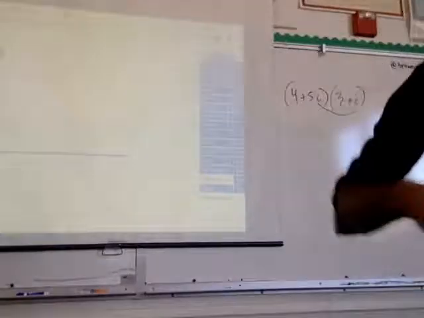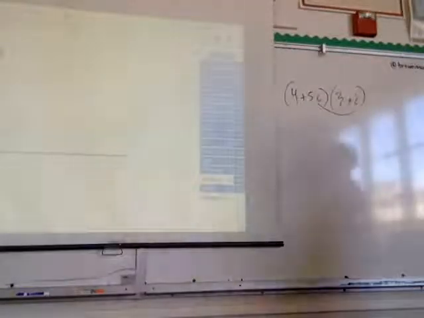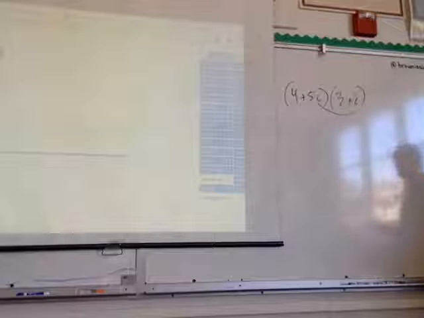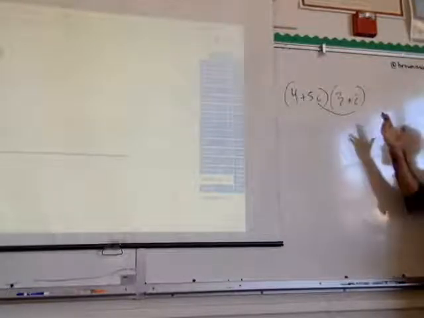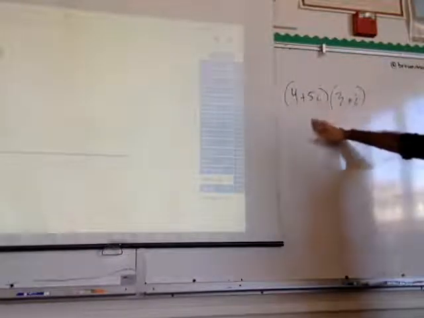This is the last thing. I bring it back here for the last problem. We have this binomial. What method are we going to use for working this one out? FOIL.